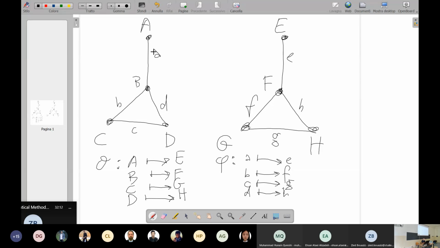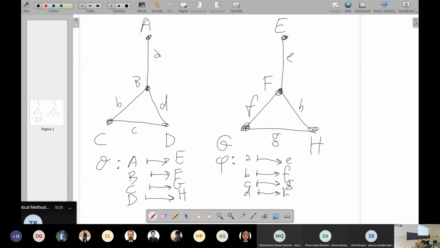Why? Because if I pick up any edge here, let's say small b, what are the ends of small b? Capital B, capital C. Let's look at the image of small b. The image of small b is small f. What are its ends?